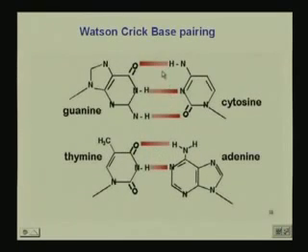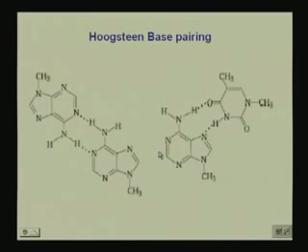This is something that we looked at last time, where we have a guanine and a cytosine, we have a thymine and an adenine, okay? And we have in this case 3 hydrogen bonds possible. In this case we have 2 such hydrogen bonds possible.